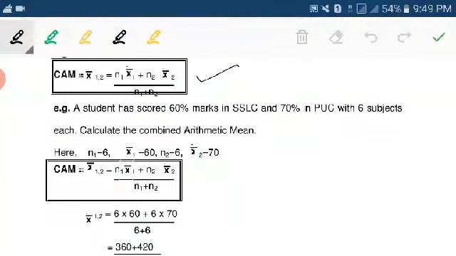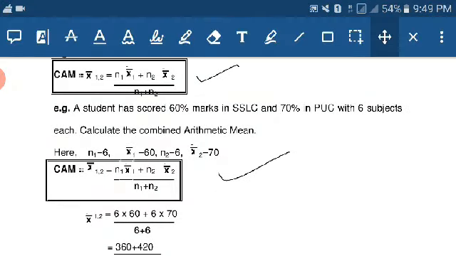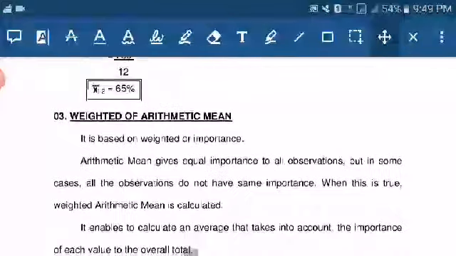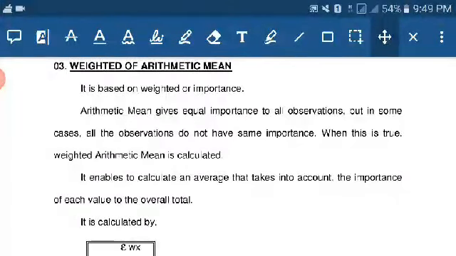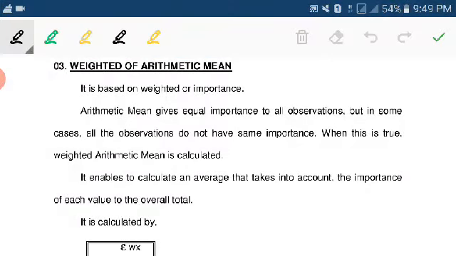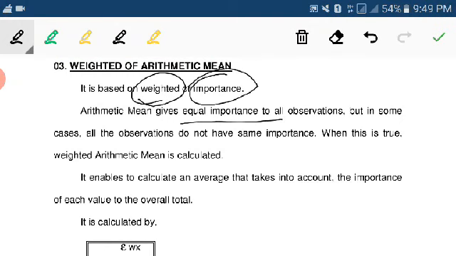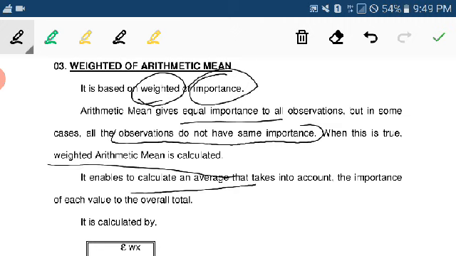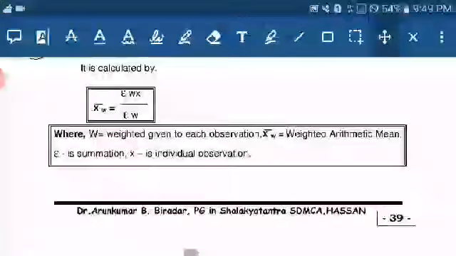You can solve with various types of examples. Weighted arithmetic mean is based on weight or importance. The simple mean gives equal importance to all the observations, but in some cases the observations do not have the same importance. In that case the weighted arithmetic mean is calculated. It enables us to calculate an average that takes into account the importance of each value to the overall total.